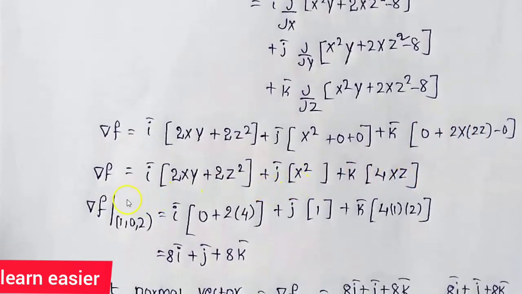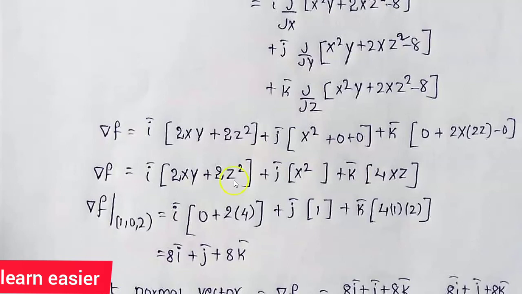And next we have to find the normal vector at (1, 0, 2). So we have to substitute x, y and z as 1, 0 and 2 respectively. So i bar into, after substituting x as 1 and y as 0, we get 0. And in the place of z, we substitute 2.